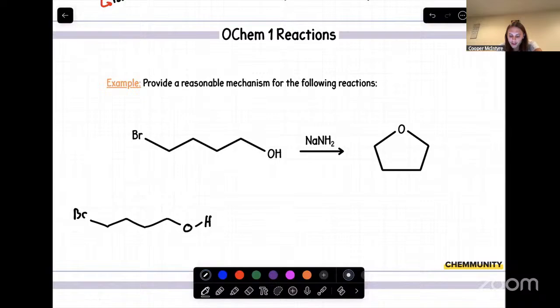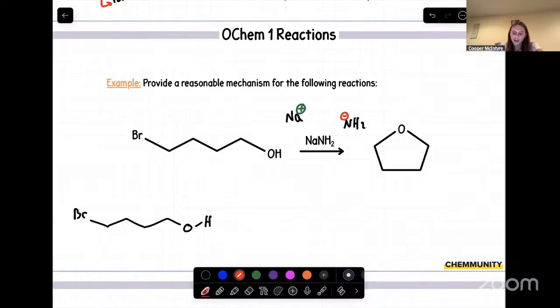I know it may be confusing or we do need to refresh our memory, but whenever we have a metal, that is just an annoying spectator ion that has a positive charge, which means our amide ion will be NH2, and that nitrogen will have a negative charge. We'll go ahead and include that.